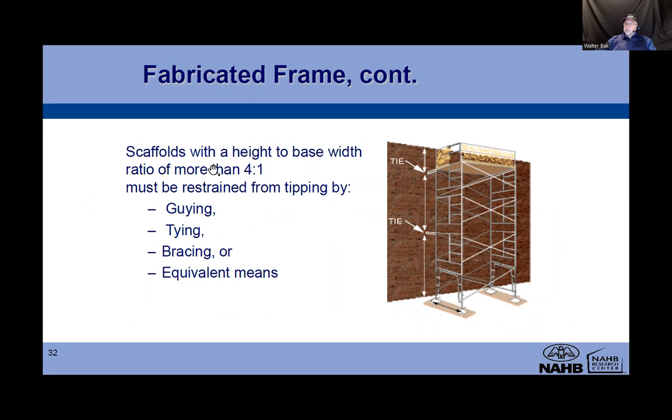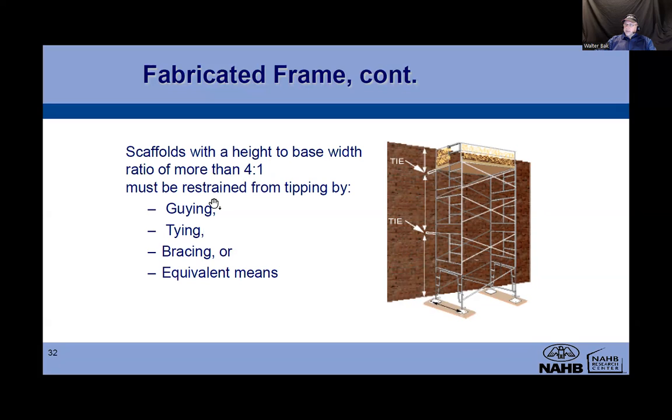Okay, scaffolds with a height to base width ratio. So here's the height, here's the base width. 4:1.